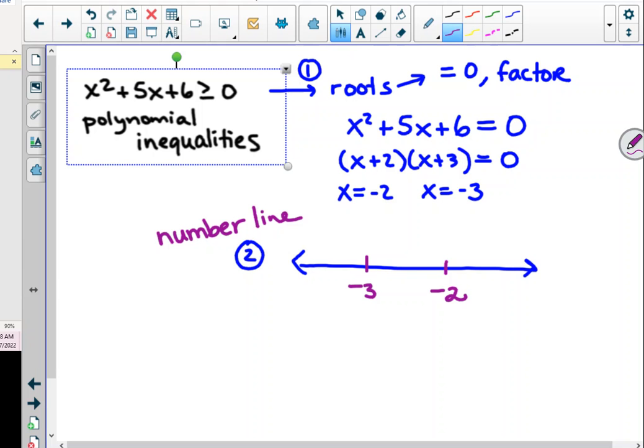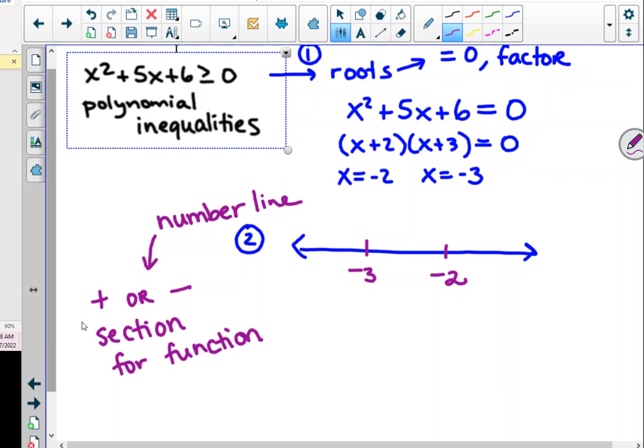I'm going to try to decide if each section of this number line represents a section where the function would be positive, or a section where the function would be negative?